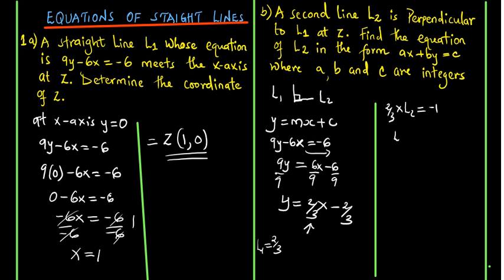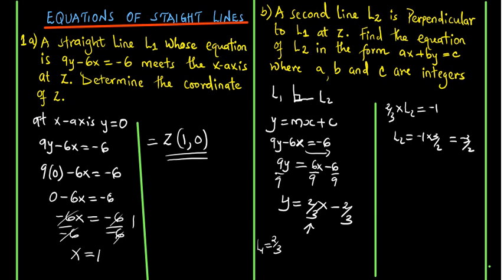So the gradient of L2 will be equal to -1 multiplied by 3/2. The value will be negative 3 over 2. That is the gradient of the second line.